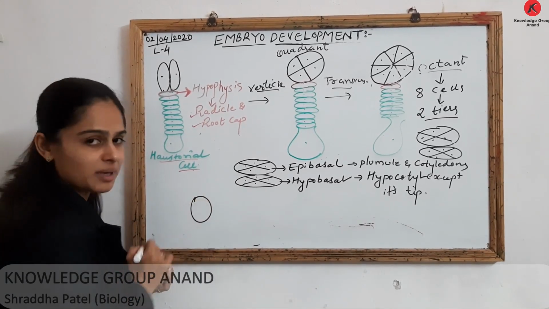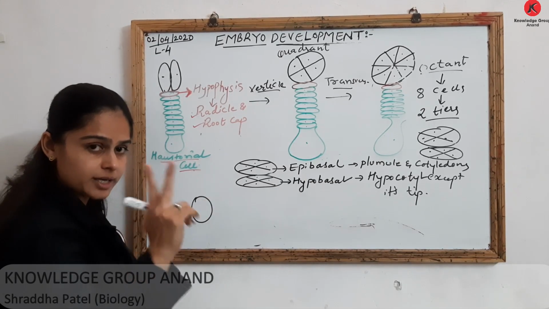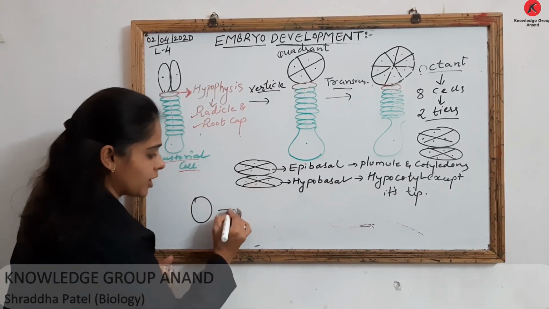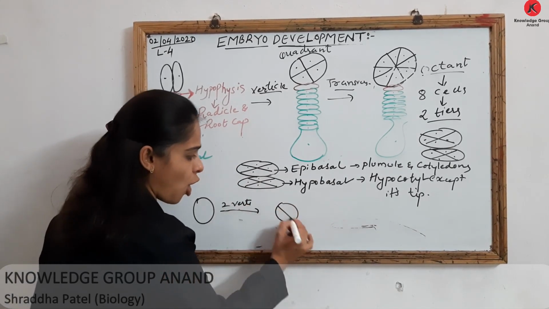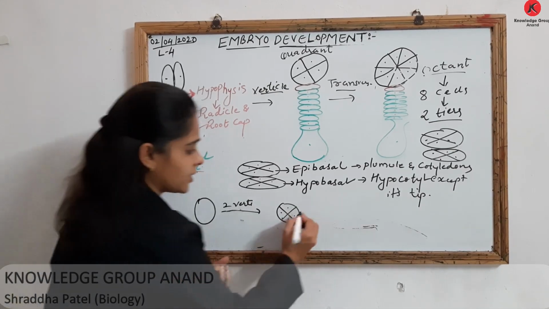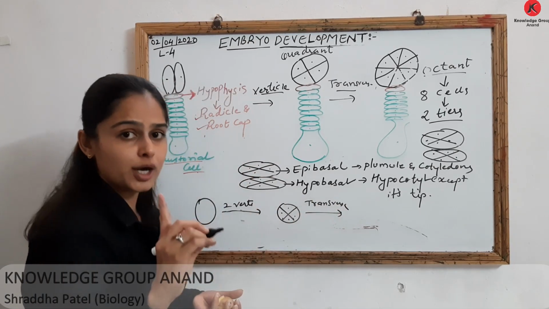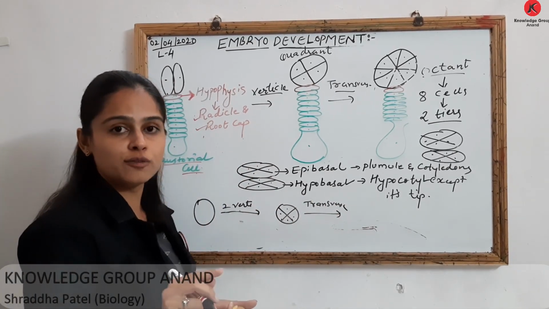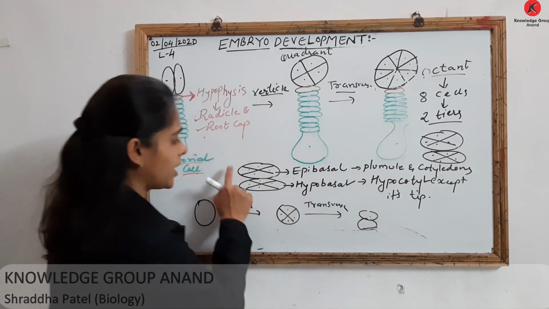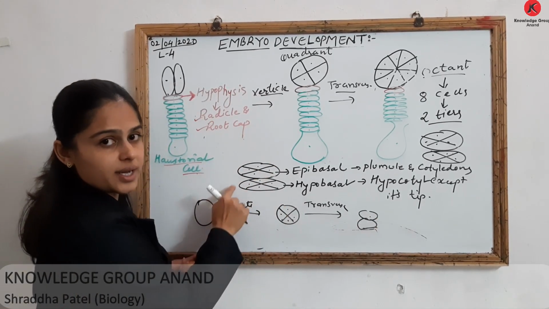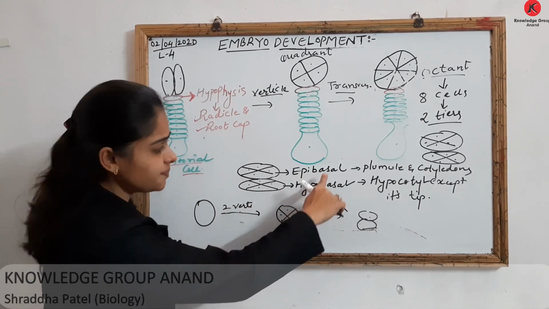Once again, what happens? Look, this is your terminal cell. It undergoes two vertical divisions to form a quadrant. This undergoes one transverse division to form an octant, an 8 cell structure arranged in two tiers, epibasal and hypobasal.